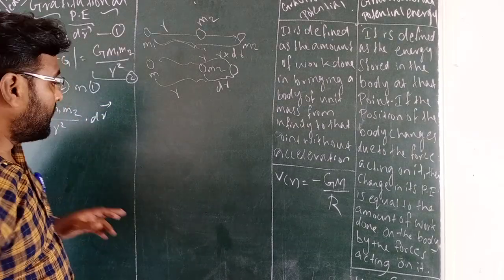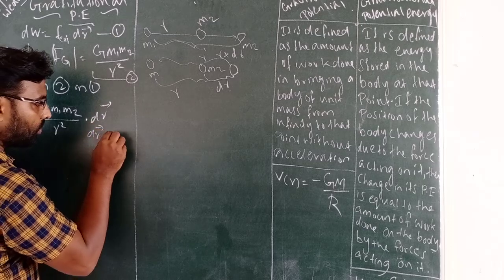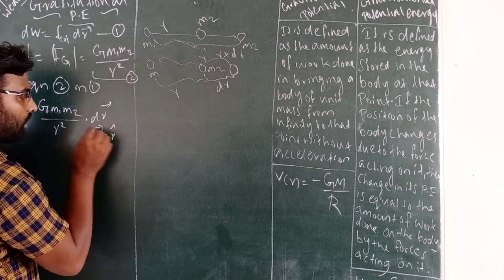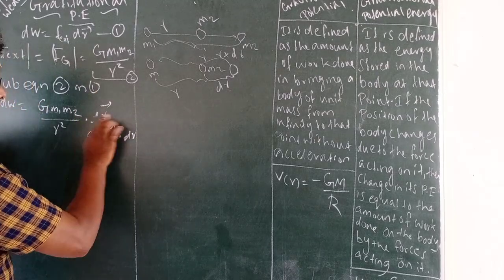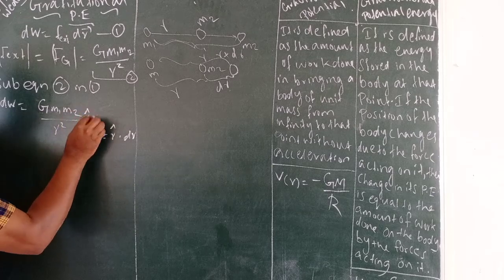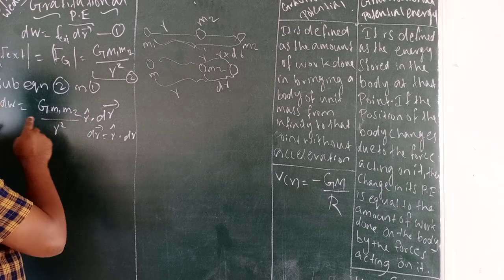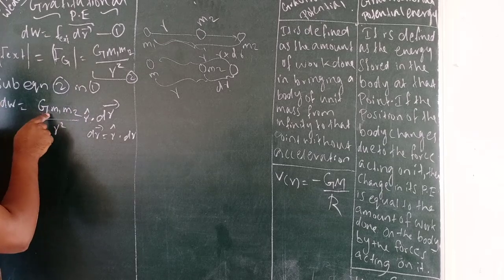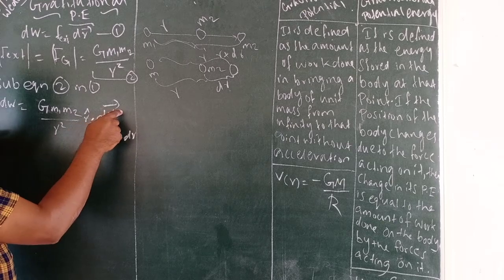Now we know that dr vector is equal to R cap dot dr. Here, this direction also we have to use R cap dot dr vector. So this is what dW is equal to G M1 M2 by R square R cap dot dr vector.